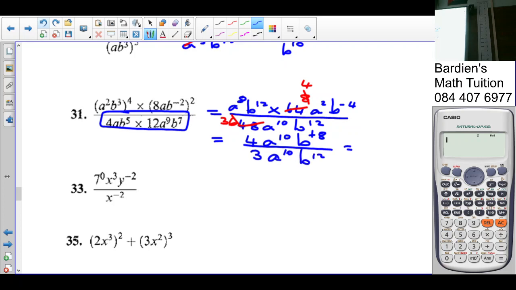Is anything that can happen to the 3 and the 4? No. So it remains 4 over 3. Where's the more a's? Same. Cancel. Where's the more b's? 12 minus 8.